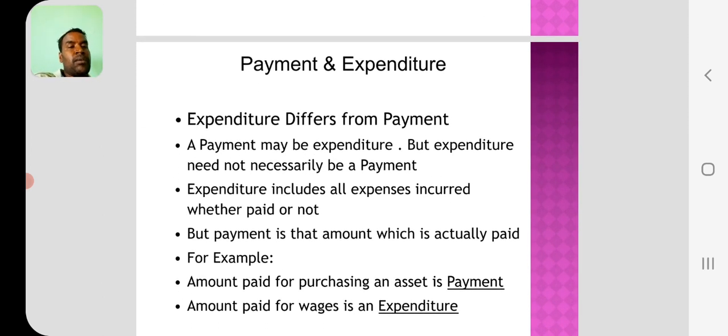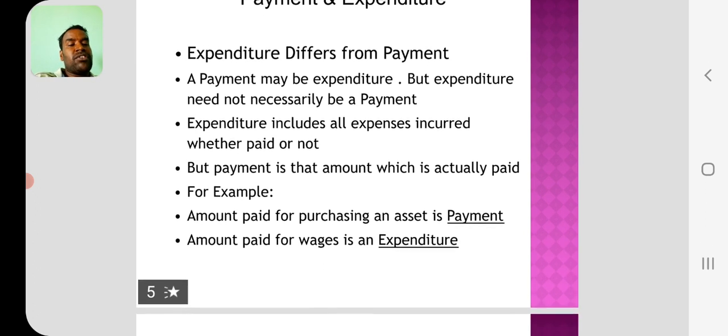Expenditure differs from payments. A payment may be a deferred expenditure. Expenditure need not necessarily be a payment. Expenditure includes all expenses incurred, whether paid or not. But payment is that amount which is actually paid.